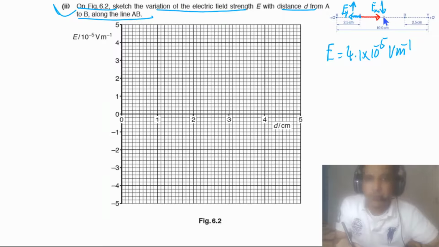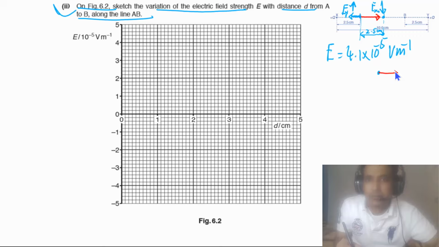And when we reach the midpoint, at a distance of 2.5 centimeters from A, so let me write here the midpoint, because the distance between A and B is 5 centimeters. When we are at a distance of 2.5 centimeters, let me draw the two electric fields.